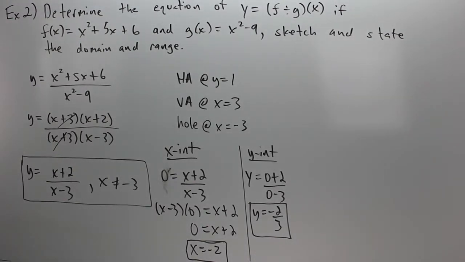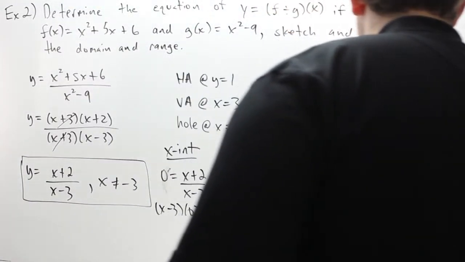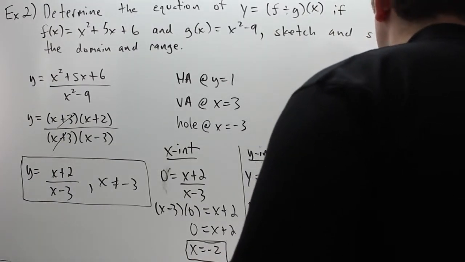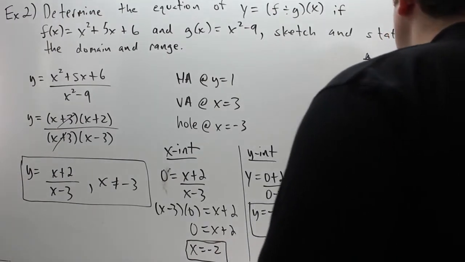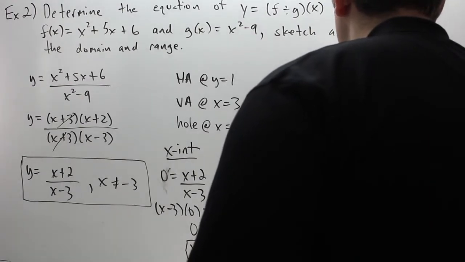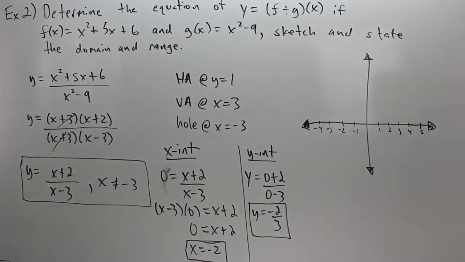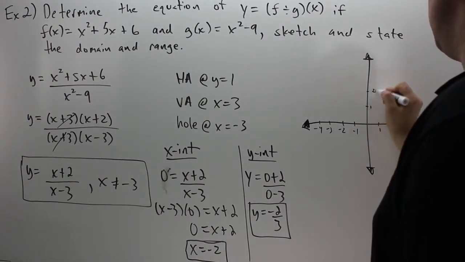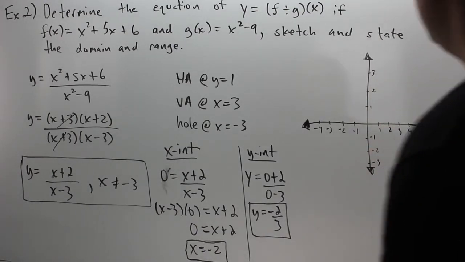Now we're ready to graph this. We have our horizontal asymptote, we have our vertical asymptote, and we know where the hole occurs. So I'm going to pick my x and y axis accordingly. I'm going to go by units of 1 here on my x-axis, and I will go by units of 1 on my y. I'll stretch it out just a little bit more than my x. Like so.